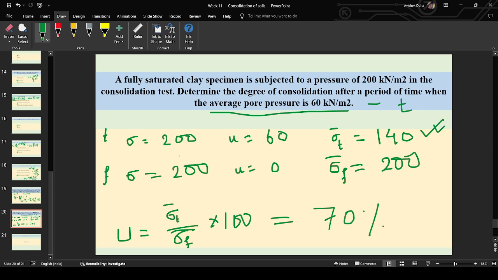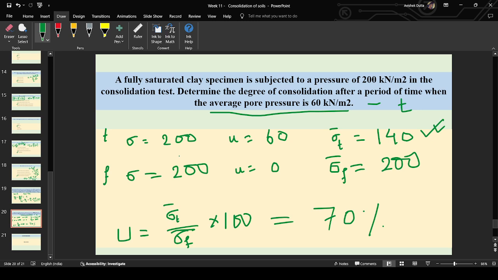Degree of consolidation means at that particular stage to the final. When you are calculating settlement percentage, degree of consolidation means the settlement at that particular time to the final settlement, right? So the final value of settlement or stress should be taken into consideration.